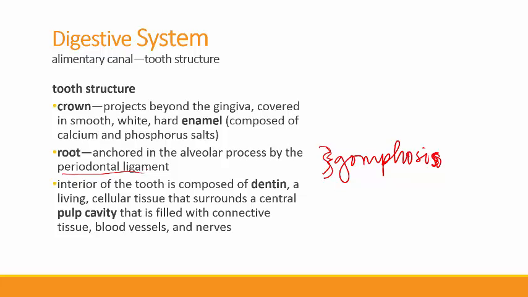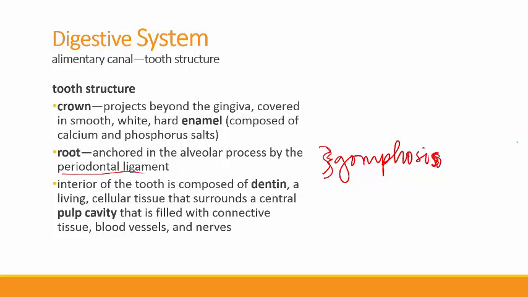So a gomphosis is the actual name for the type of joint that we see here with the periodontal ligament. The central part of the tooth is composed of dentin. It's a living tissue. The enamel is non-living. It's cellular. And it surrounds the central cavity called the pulp cavity, and that's filled with loose connective tissue, and blood vessels and nerves are all in there.